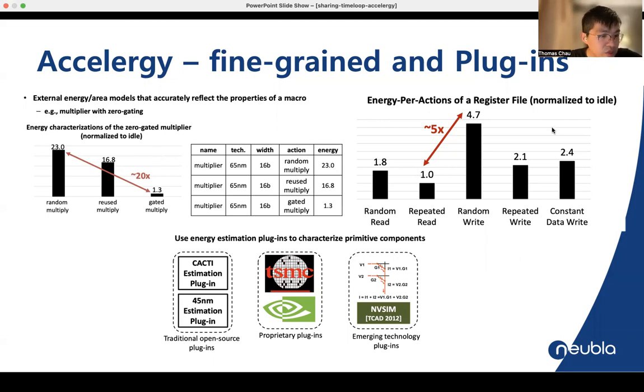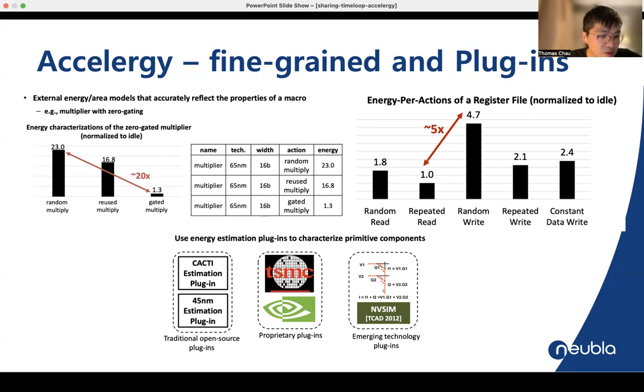Similarly, a register file can do repeated reads and writes from the same address, or write the same data to different memory addresses, which is depicted by constant data write. So in these cases, there is a different energy consumption compared to random read and write.